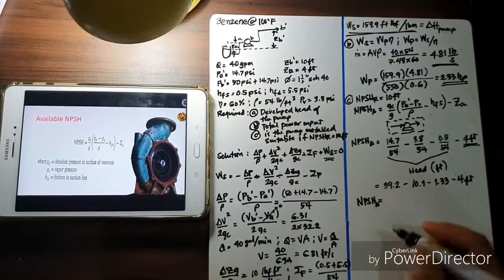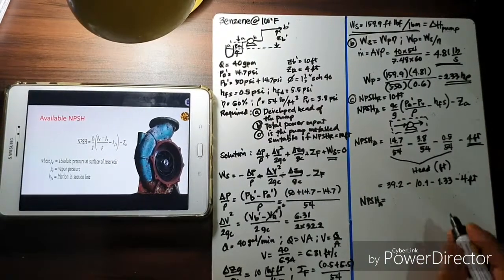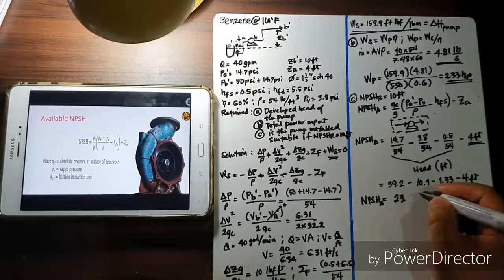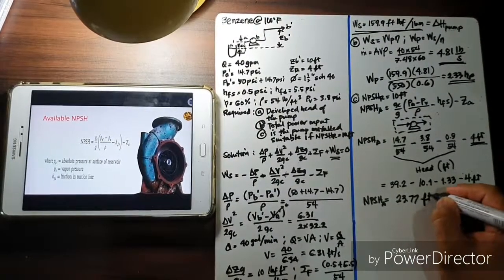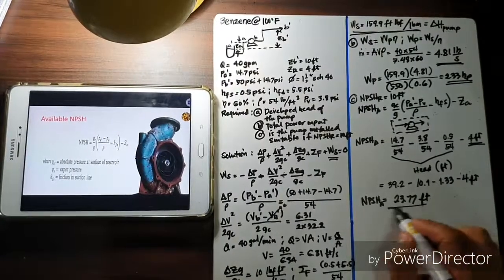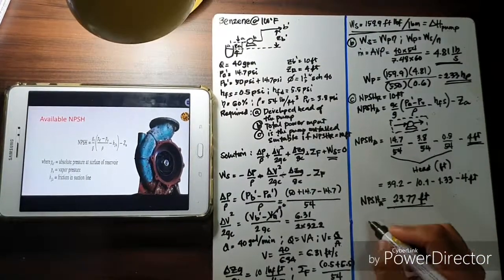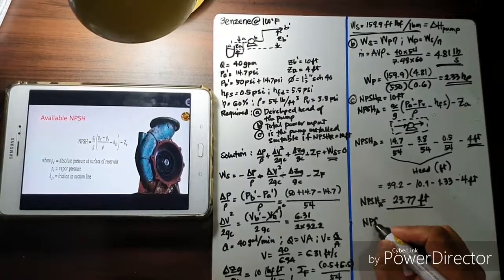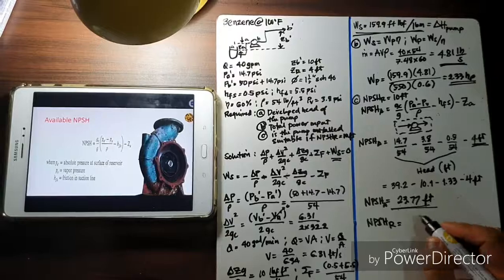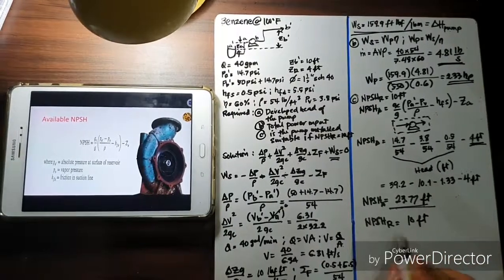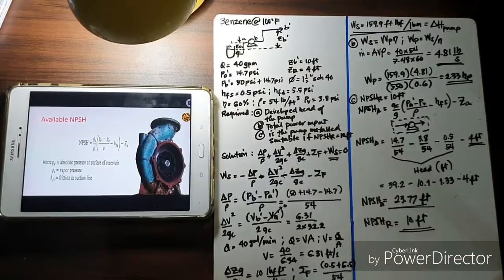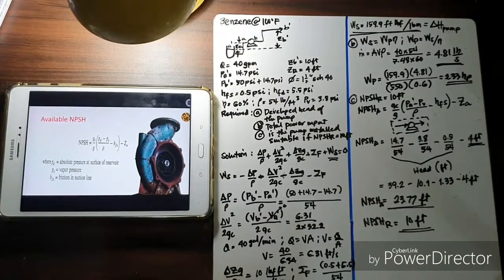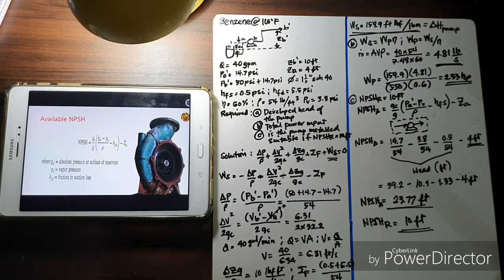Then take the summation for the available NPSHA. The answer will be equivalent to 23.77 feet. Which is very obvious. Why? It's because it is stated in the problem that your NPSHR required is equivalent to 10 feet. Now, required is just 10 feet. By definition, net positive suction head is the minimum pressure required to avoid cavitation. So if the available is less than 10, definitely there will be cavitation.